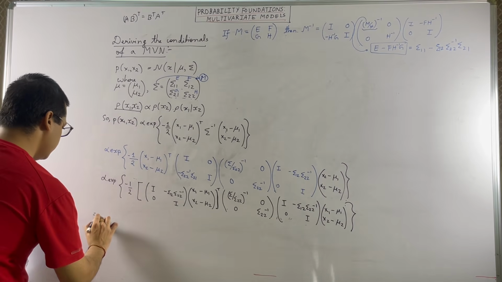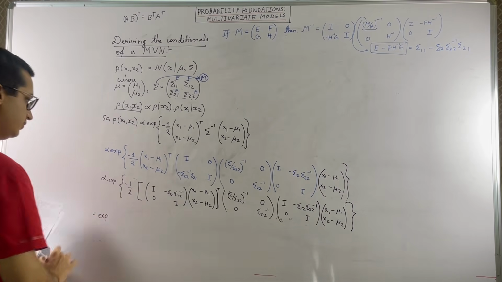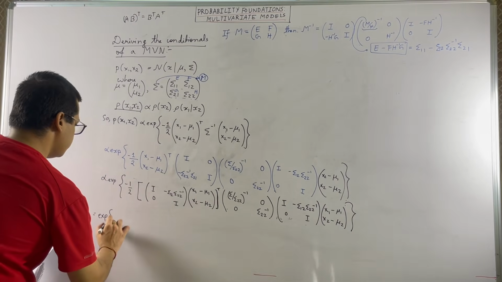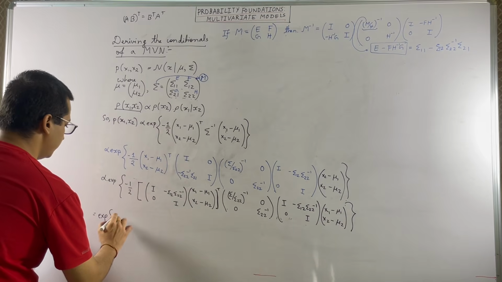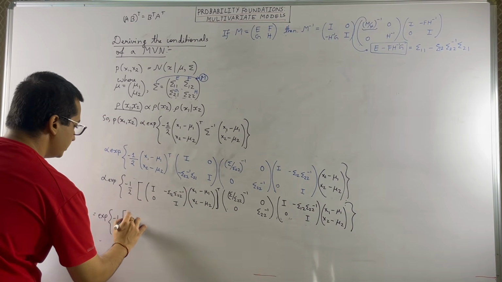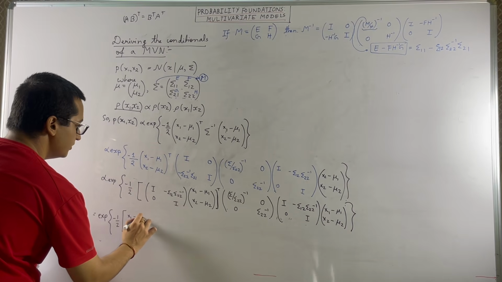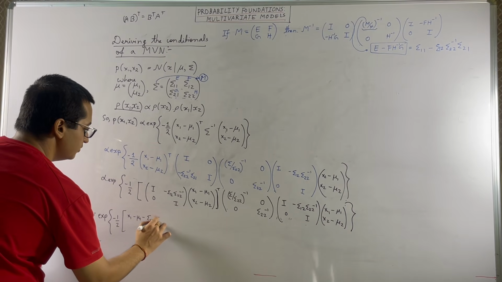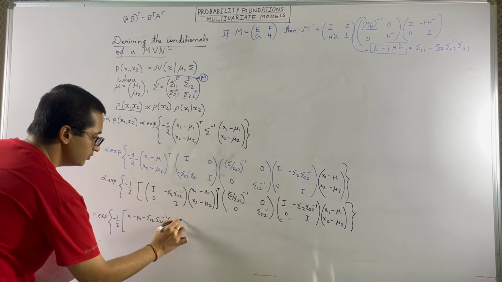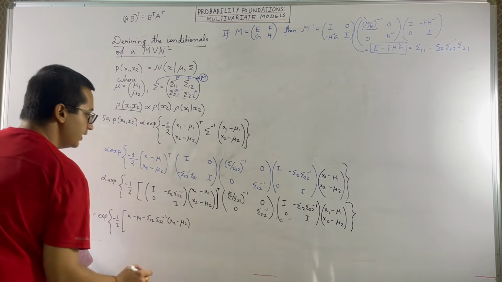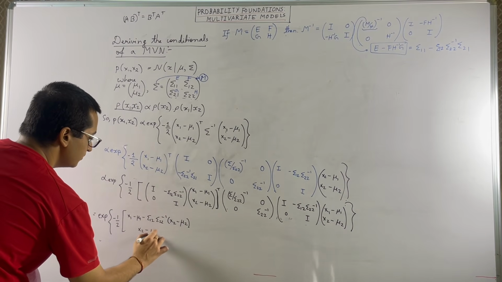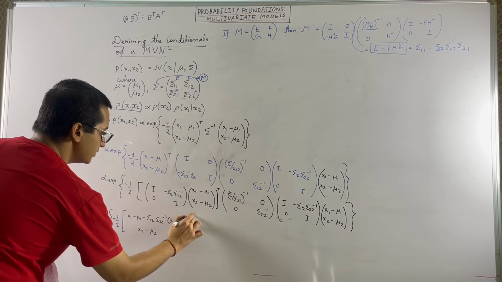This is the exponential of, so we are going a bit down, but okay, just expand this part. So minus half. So what we have, x1 minus mu1, minus sigma 1 2 sigma 2 2 inverse x2 minus mu2, and this will be x2 minus mu2, and we have a transpose of this.